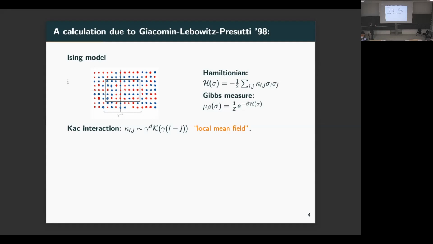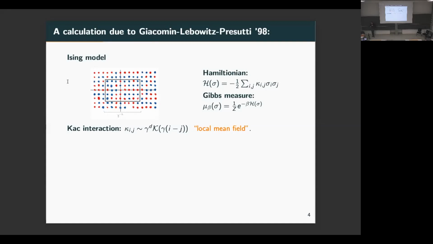The smaller gamma, the less it cares about individual spins. So if you want, the spin at this site interacts with the average spin of this whole box, and the parameter gamma determines how big the box is that we care about.